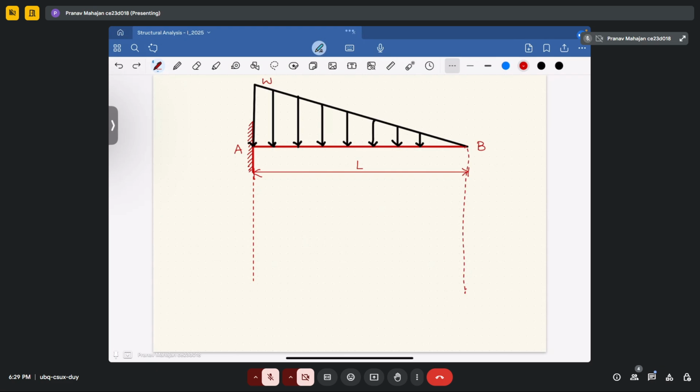If we draw the bending moment diagram for this case, let's see how it will look. This will be like a second order parabola.